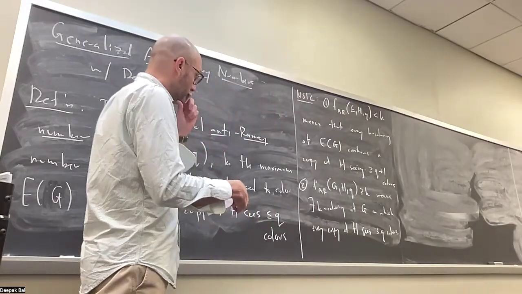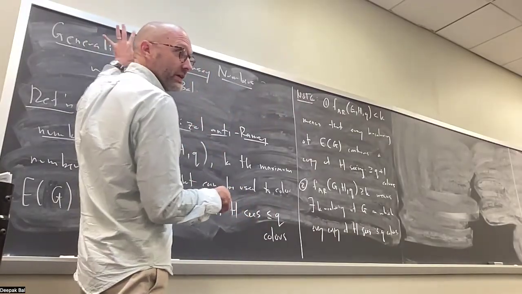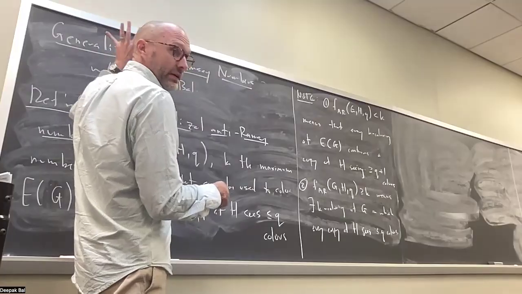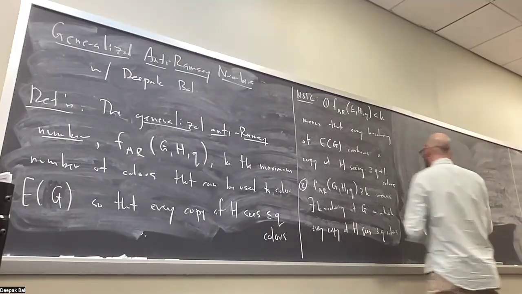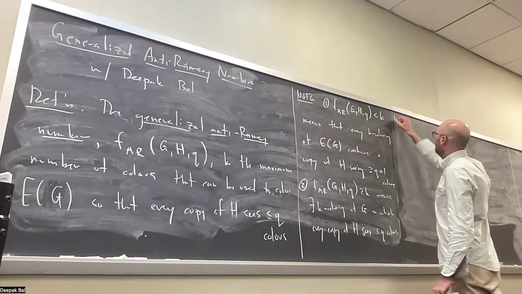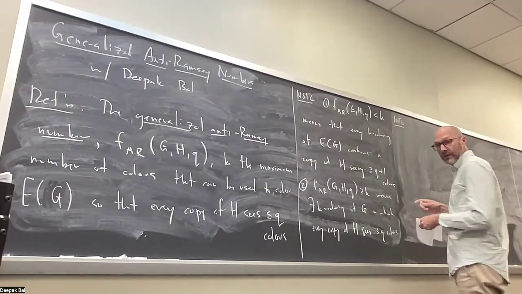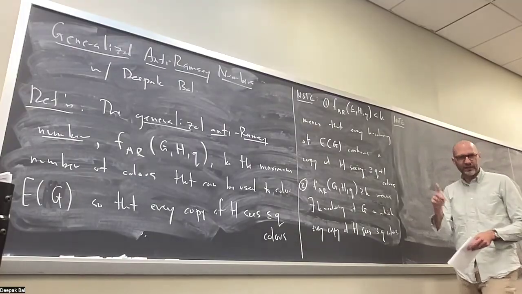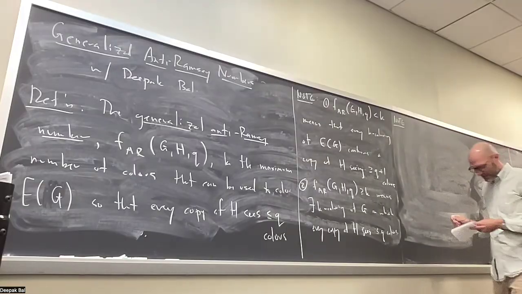Okay, so I've called it the generalized anti-Ramsey numbers. Let's think about why this is related to the classical anti-Ramsey numbers. So here's another note. And if Zoom people can yell at me when they can stop reading, I know I can go to about here, but when you can stop reading it, let me know, please.